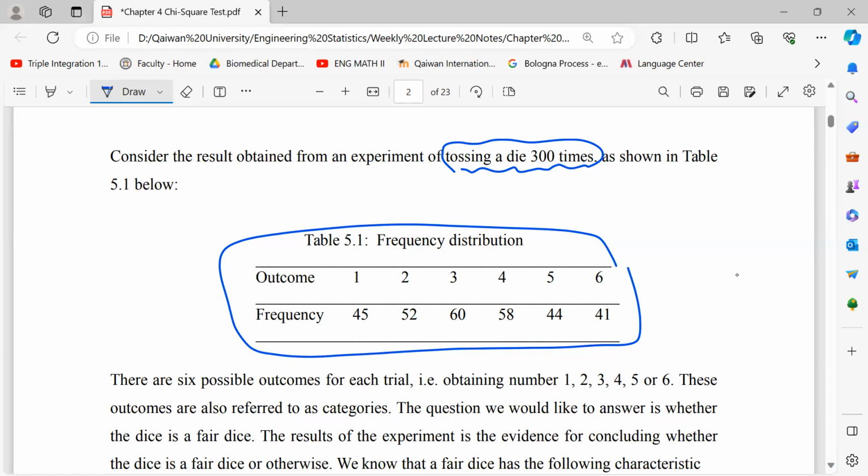Among these 300 times that we toss the die, we obtained 45 ones. 45 times you get 1, and 52 times you get 2. 60 times you get 3. 58 times you get 4. 44 times you get 5, and 41 times you get 6. These are the outcomes of tossing a die 300 times.